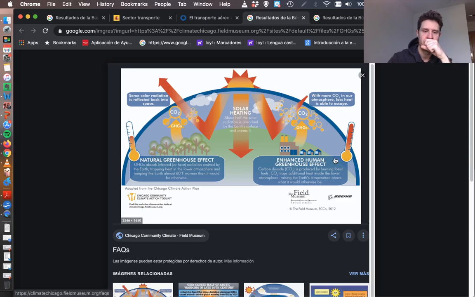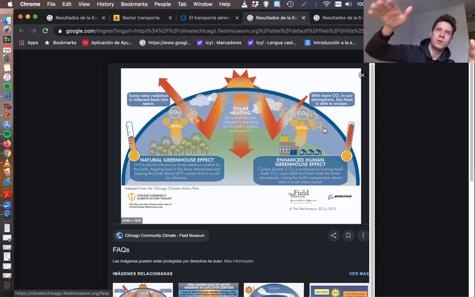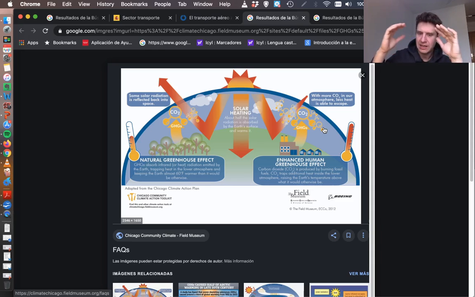It is like putting all the windows, all the glass, covering our world. So the infrared heat can get in but not go out. It's like having a glass surrounding the earth, so the heat cannot go out to space.